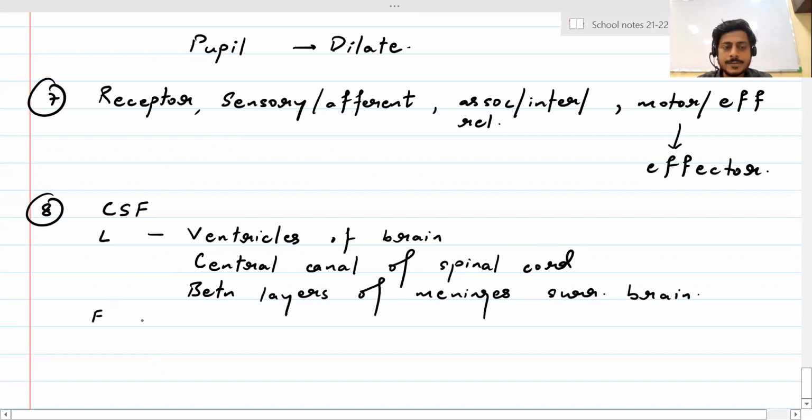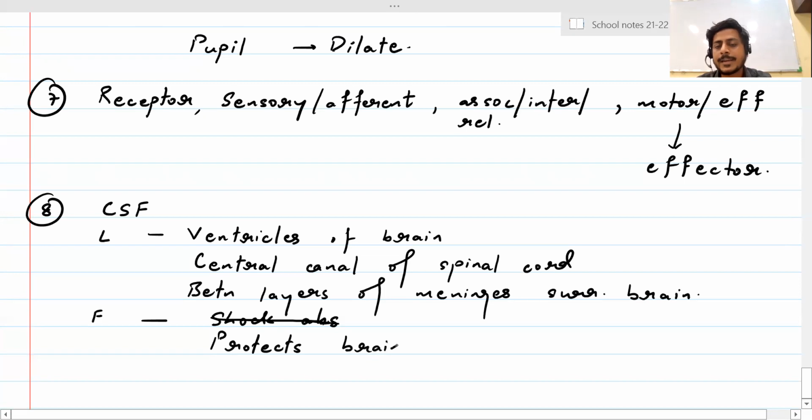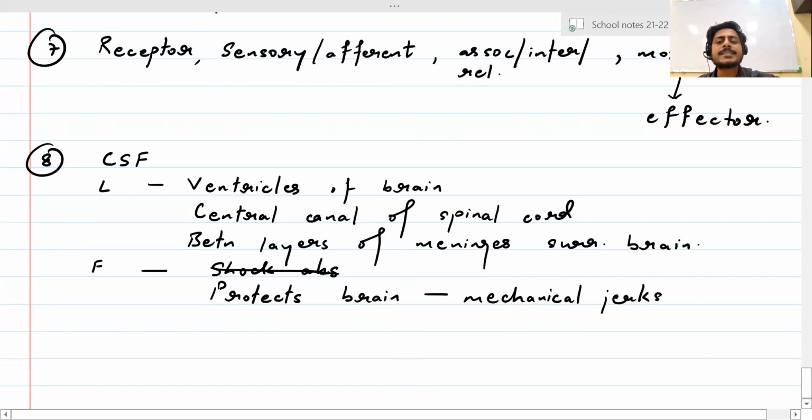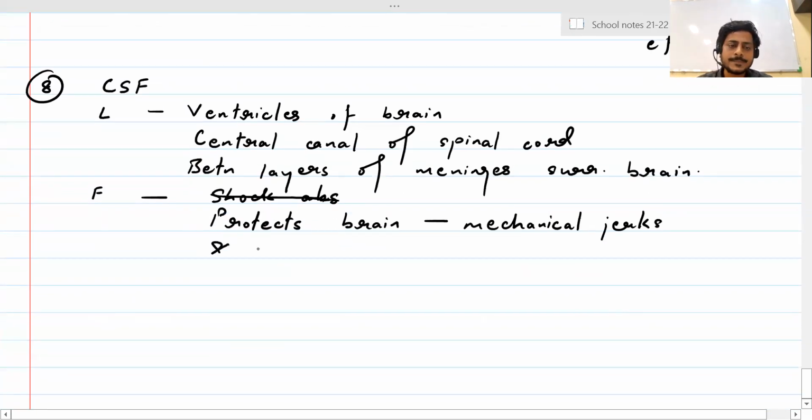Then you have the function. Instead of writing that it acts like a shock absorber, the better way to write it is that it protects the brain from mechanical jerks and shocks.